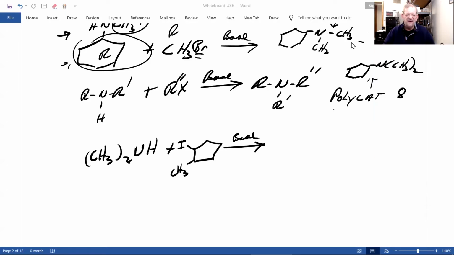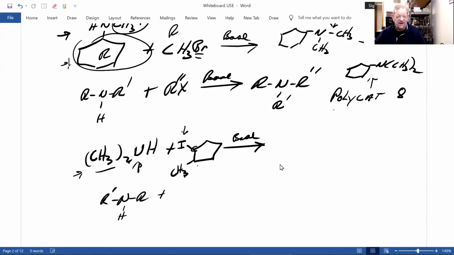Let's do it. The question is, what's the organic product or products from the following reaction? What's different? Ooh, nitrogen with 2 alkyl groups. This is a secondary amine. Remember, this is how you write 2 of the same, and I call one R, the other R prime; it doesn't matter which side is which. And then, a methyl group on a ring, but a carbon with a halogen, and that's an alkyl halide.